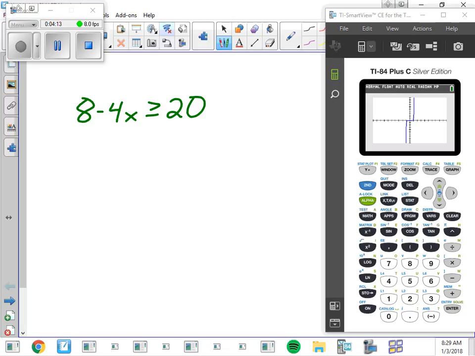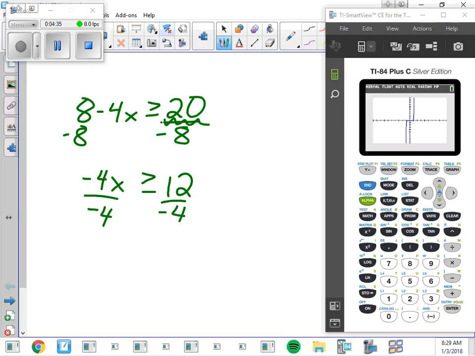What should I do first? Subtract the 8. And we end up with negative 4x is greater than or equal to 12. Now what? Divide by negative 4.